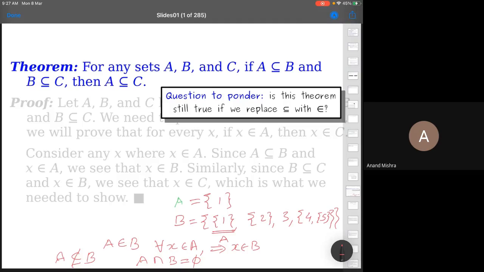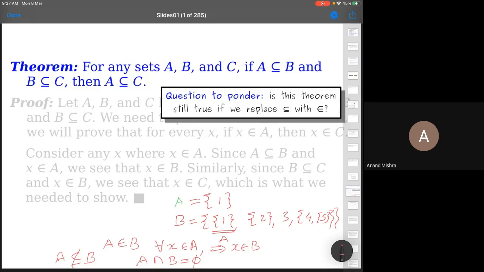Is there any issue? Questions? Yeah, intersection is phi. That was marked wrongly in the Slido, but it is correct. A intersection B is phi. Yeah, it is multi-correct. And the second statement is false, right?